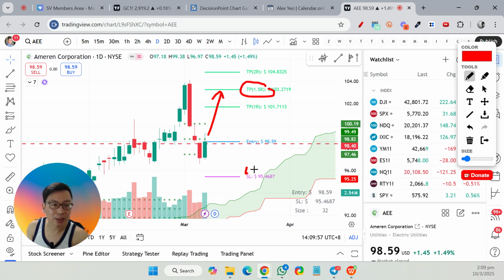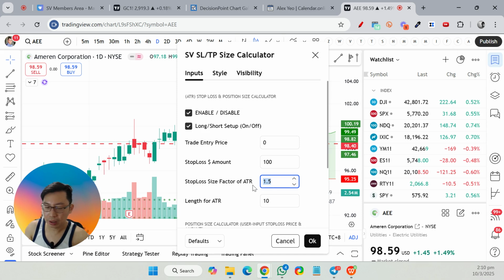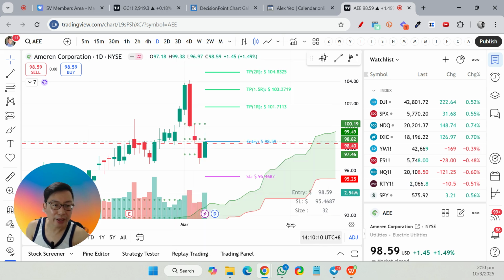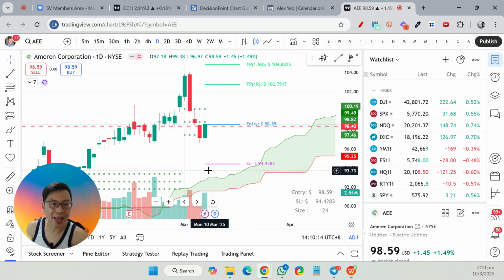If you risk $1,000, it is the same, but price has to go up higher to get the same profit. This is how you adjust it. You could set 2 ATR, even wider. It is up to your preference, but I suggest at least 1.5, until things go back to normal, then you can go back to 1.25 ATR.